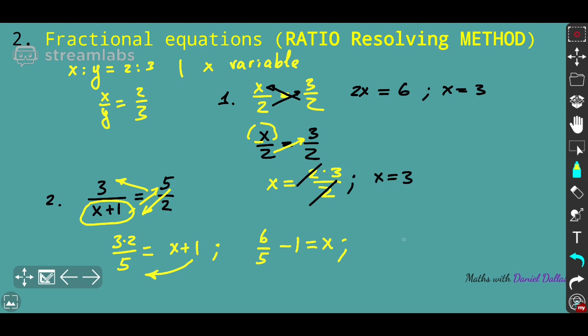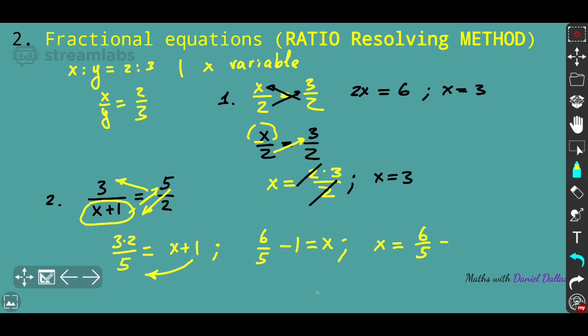So 6 over 5 minus 1, you need to simplify, but I'll write x first, and here on the right side I will have 6 over 5 minus 1. So 6 over 5 minus 1 will give me the following.